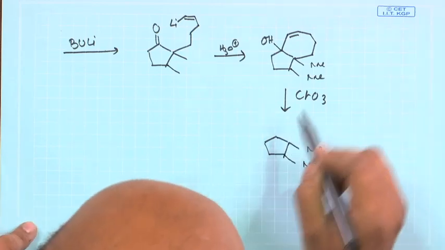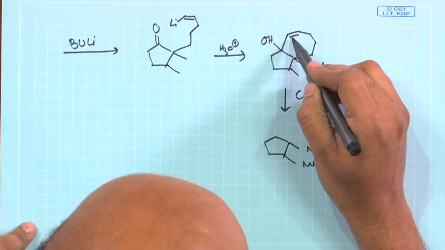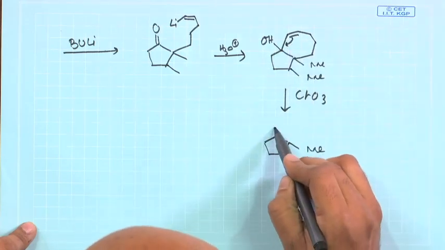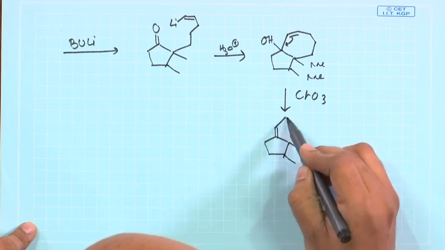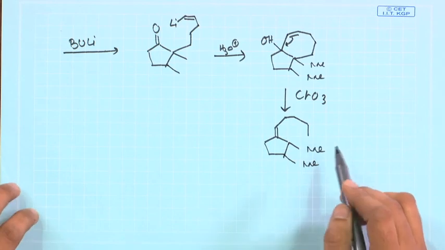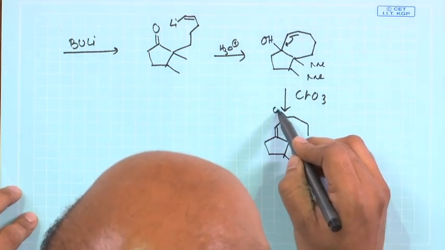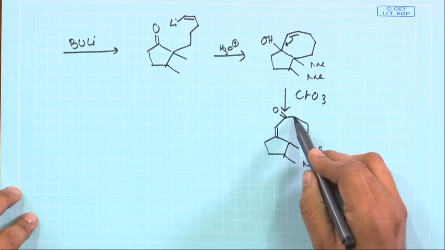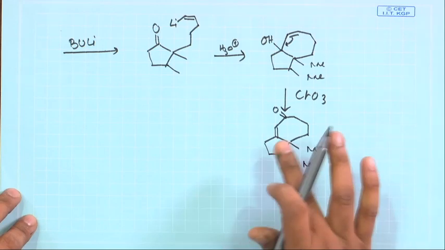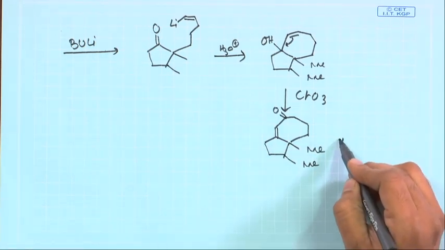Basically, with this O-chromium ester, a 3 sigmatropic rearrangement occurs, this double bond will migrate here, and then you will get this kind of structure, with this ketone now at this allylic position, 1, 2, 3, these things. So, this is your target molecule which was given at the initial point.